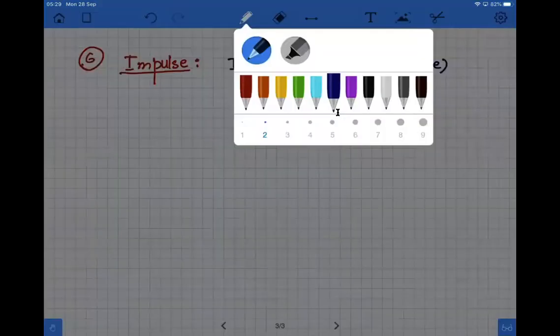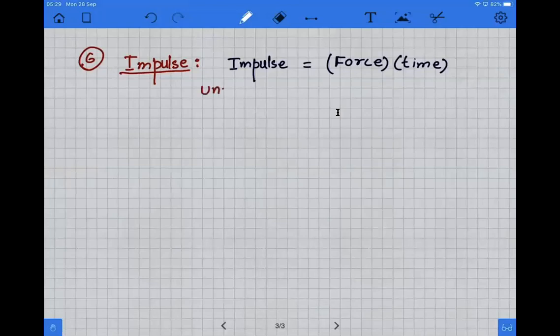So unit of impulse will be Newton second.